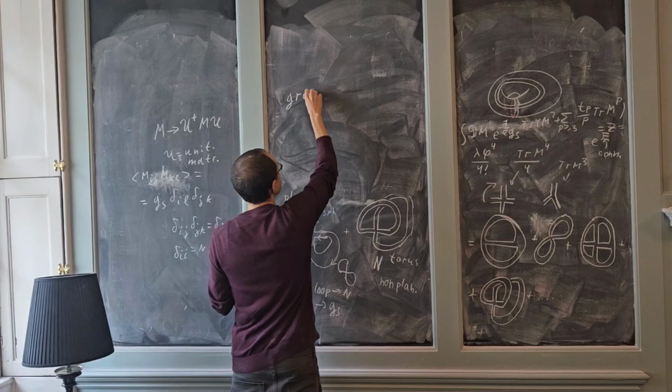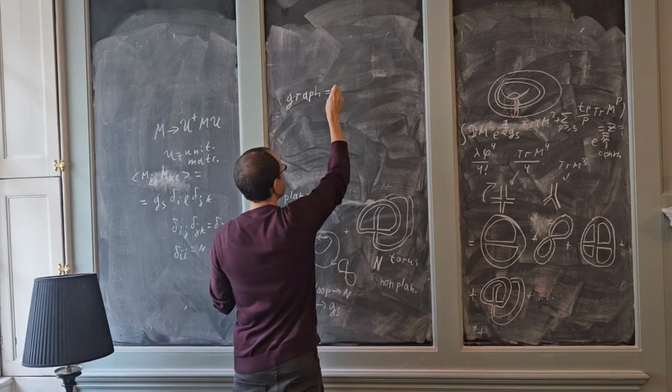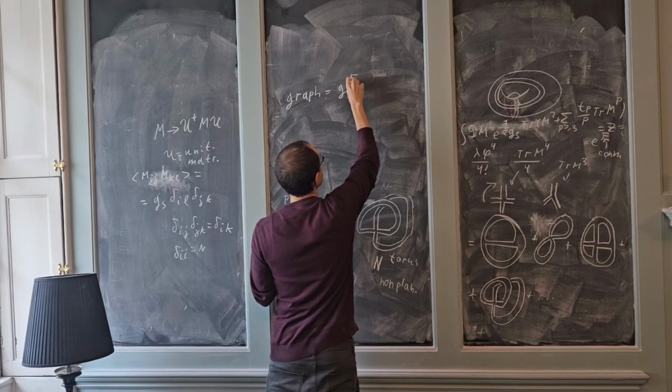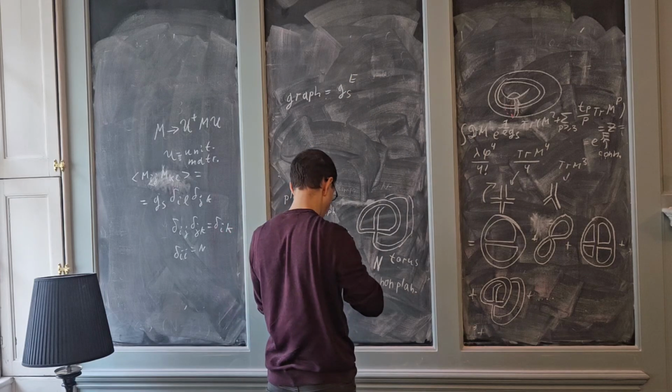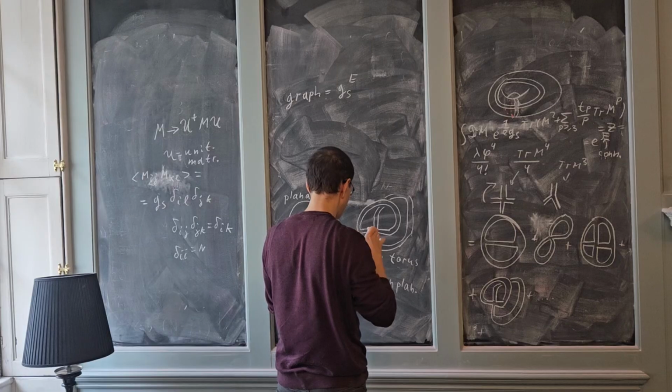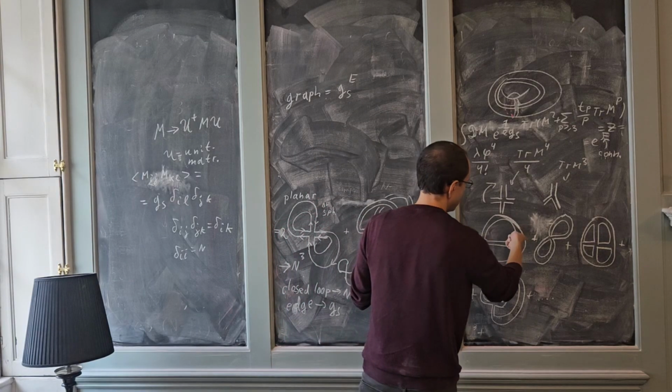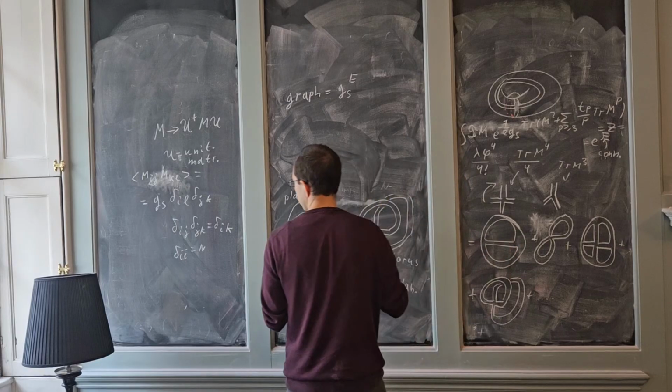Each graph will give, first, g_s to the number of edges. This we discussed: each edge is a propagator, and propagators carry g_s.